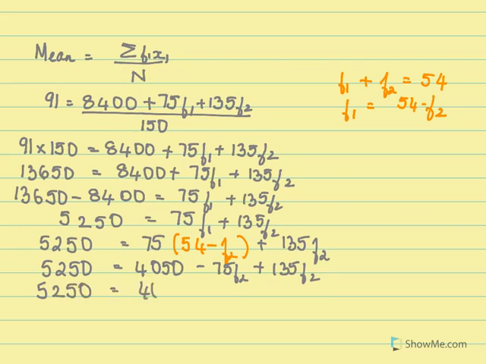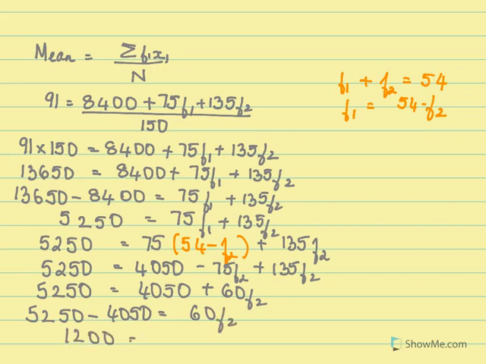So 5250 equal to 4050 plus 60 F2. 5250 minus 4050 equal to 60 F2. On subtraction, you get 1200 equal to 60 F2.